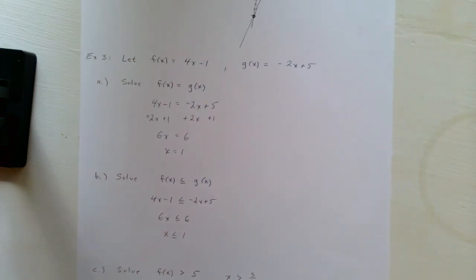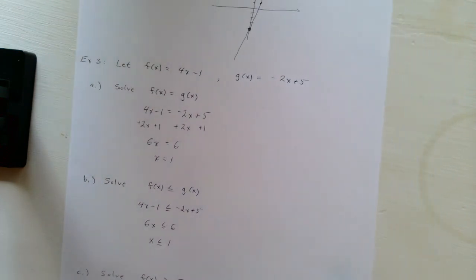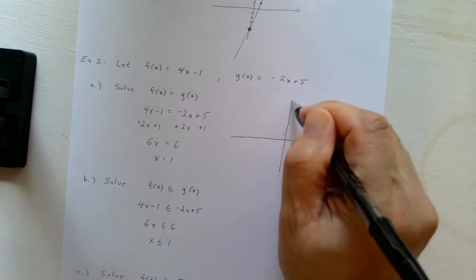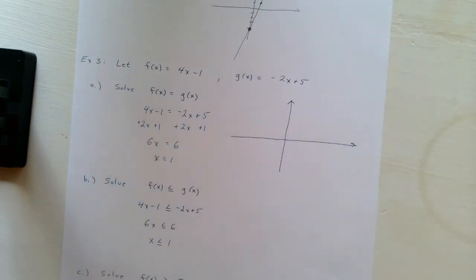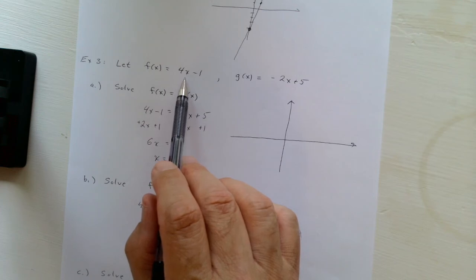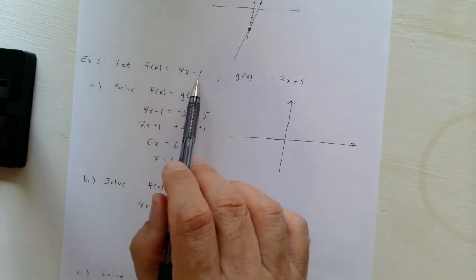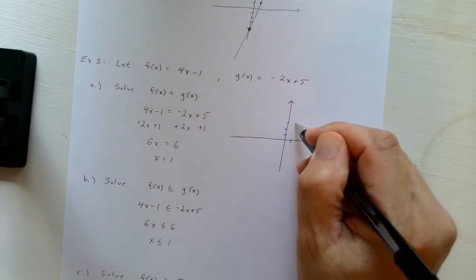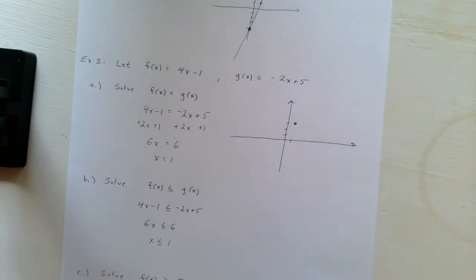And one other thing here, we can graph this to sort of visually see it. We graph both lines associated with these functions. We know that the point of intersection is at x equals 1, and if we plug in 1 here, we get 4 times 1 minus 1, that's 3. So the point 1, 3 is the point of intersection.